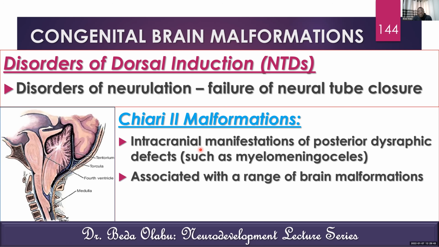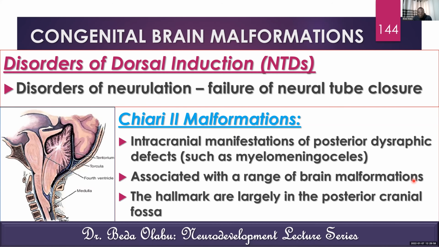So how will this manifest? It's a range of brain malformations. It's not just one thing, but a range of brain malformations. Several things are affected. However, the hallmark of Chiari 2 malformation is largely within the posterior cranial fossa. That much of the manifestations are seen in the posterior cranial fossa.